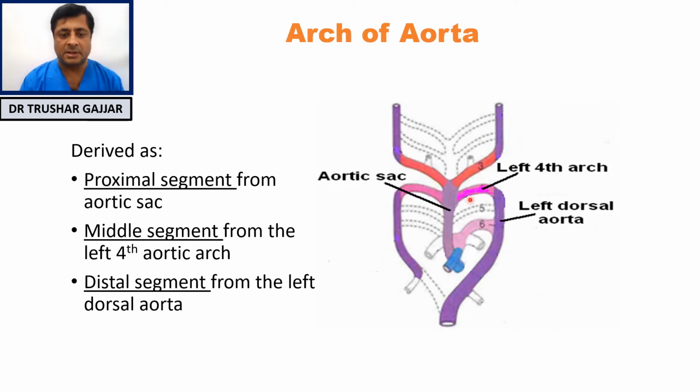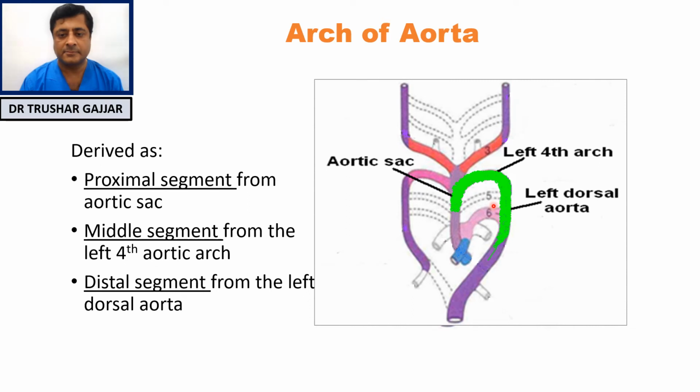So the aortic arch in the proximal portion will be formed by aortic sac, middle segment by the fourth arch, and the distal segment will be formed by the left dorsal aorta.